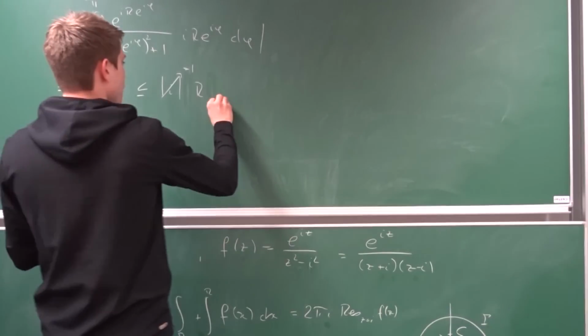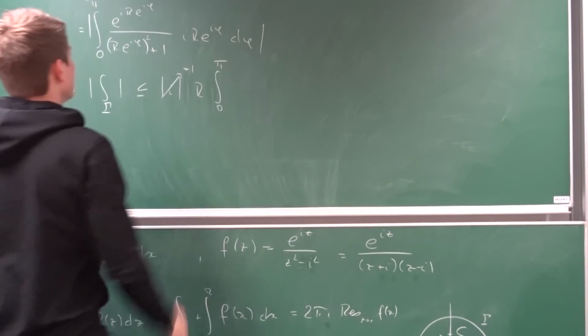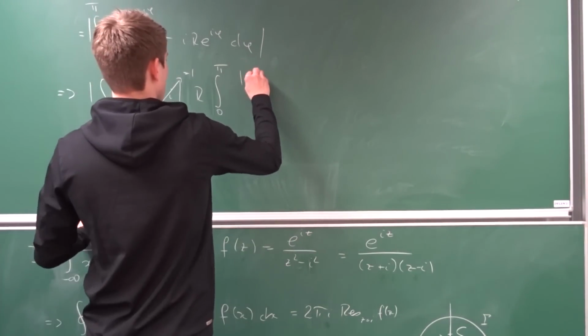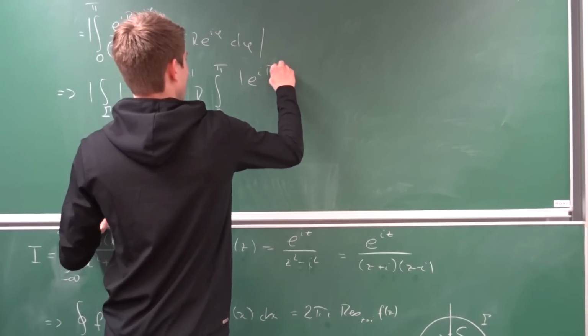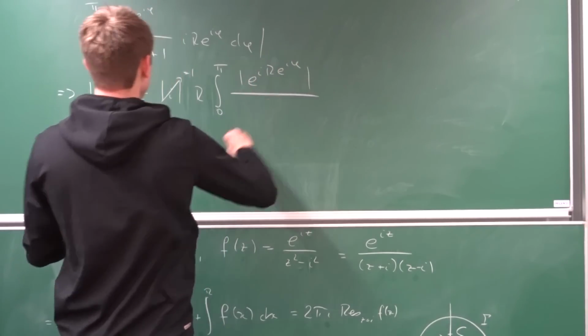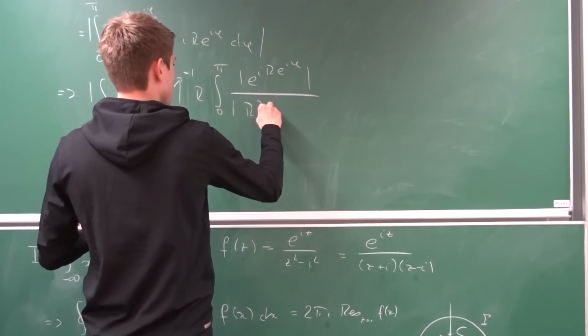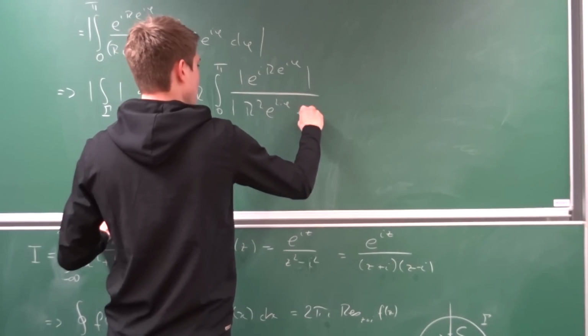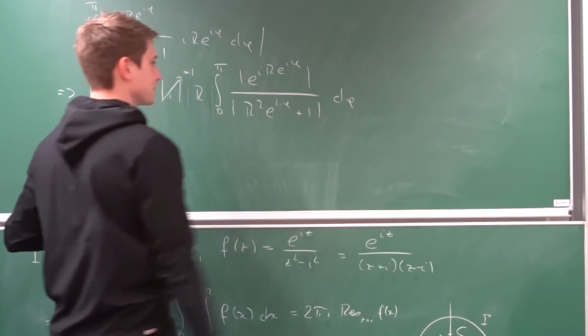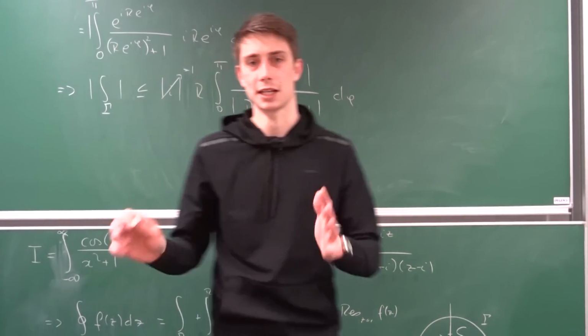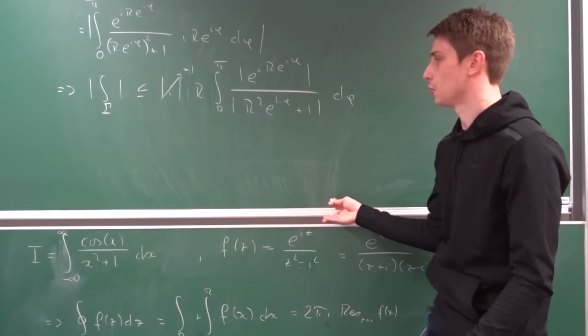So that's quite nice. Now we have the integral from 0 to pi. And the next step, so we have the absolute value of e to the i r e to the i phi over the absolute value of r squared e to the 2 i phi plus 1 d phi. And now we need to take a look at the numerator and denominator.